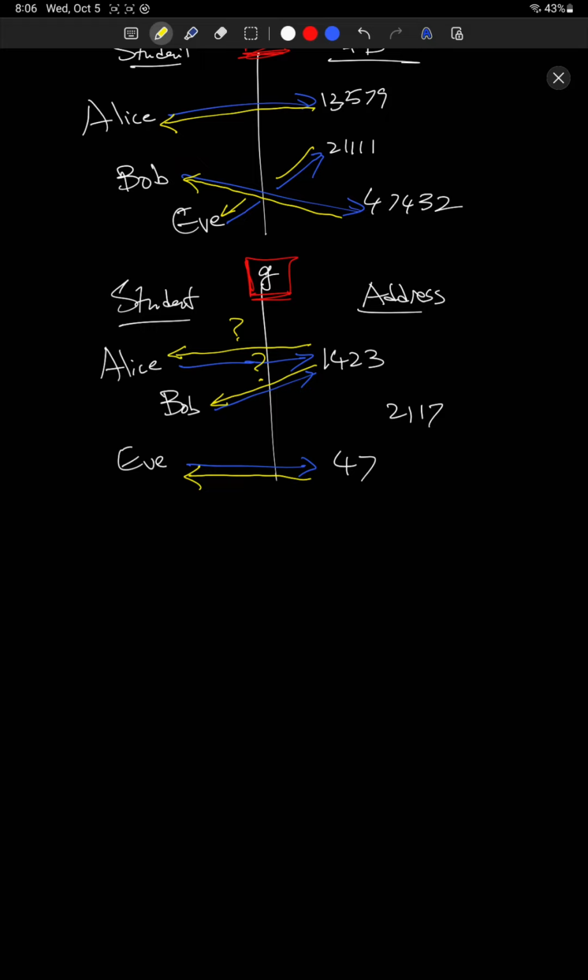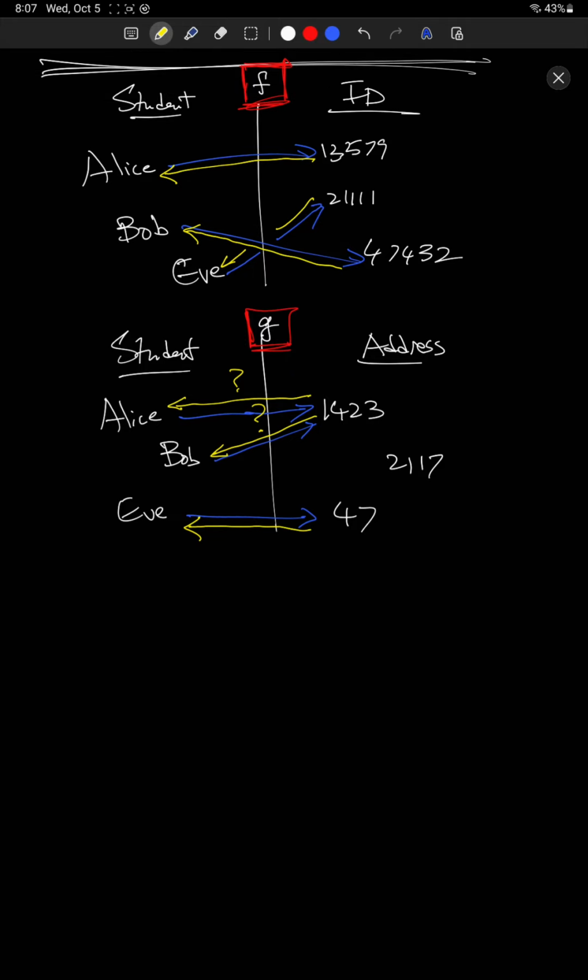On the other hand, I could also say that Bob is a reasonable output because he also lives at 1423 Main Street. So because there's this ambiguity, that's not a legal function. So the backwards function for G does not exist. It does not have a legal backwards function. Already you can see this concept of a backwards function has some issues.